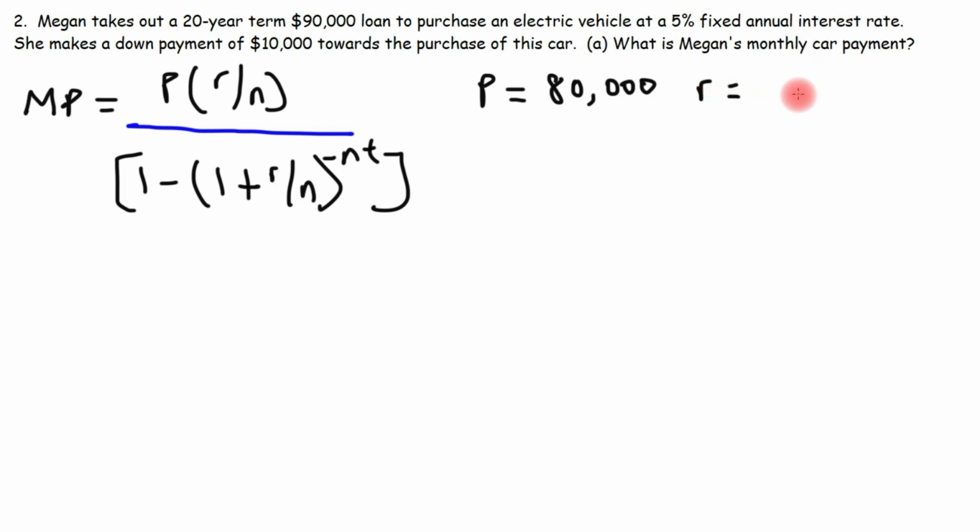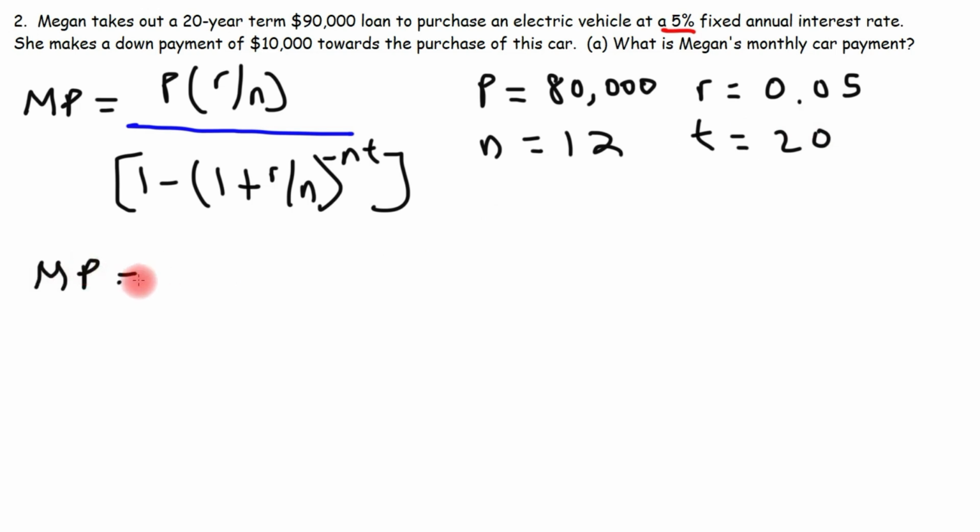R, the annual interest rate, is 5%. Now we need to convert this value to a decimal. So 5 divided by 100 is 0.05. Since we're still trying to calculate a monthly payment and not a quarterly payment or a weekly payment, N is going to remain 12. Now, this is a 20-year term instead of a 10-year term loan. So T is 20 years.